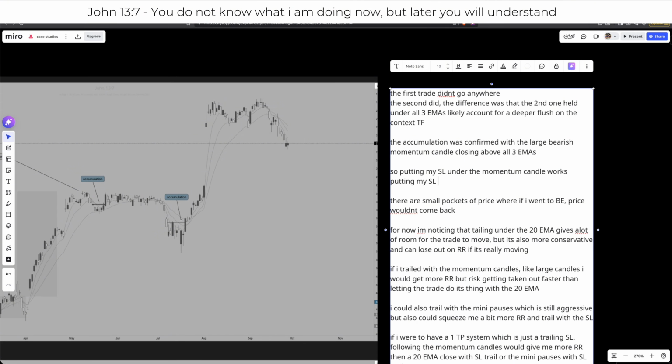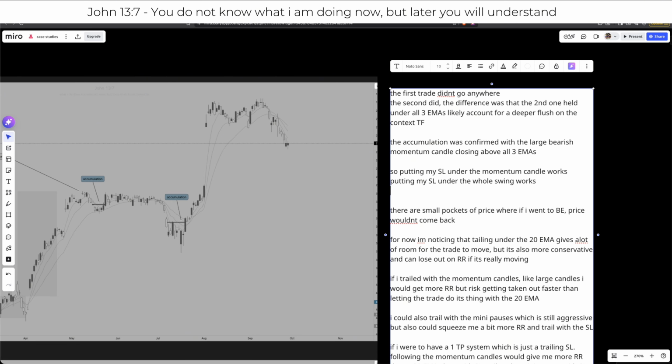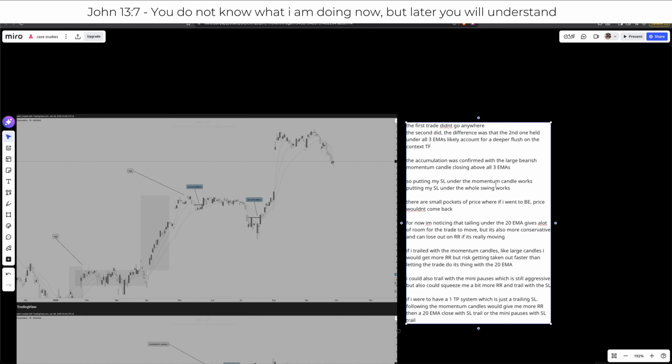Putting my stop loss under the whole down move, the whole swing, works. Putting my stop loss at 50% of the accumulation works. No, we're not going to do 50%. We're just going to do the whole swing and the candle. Okay.